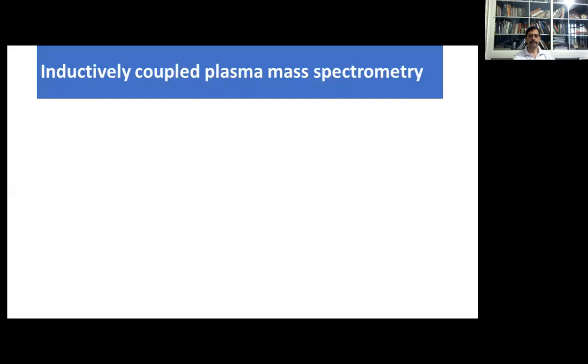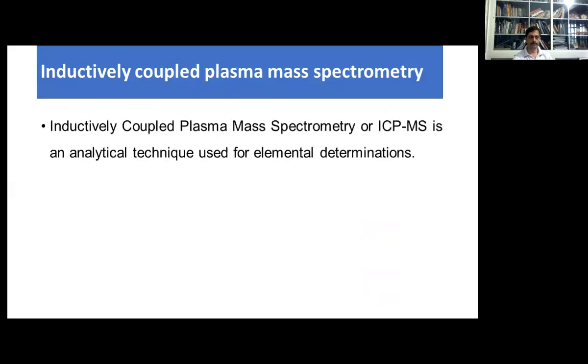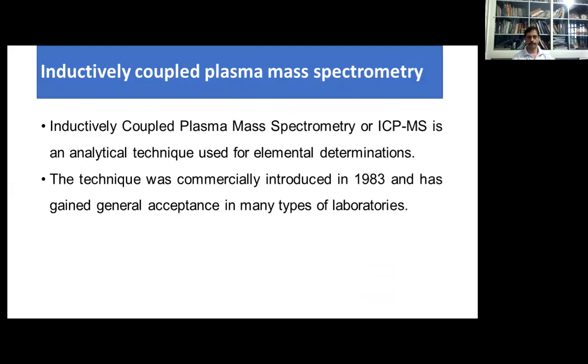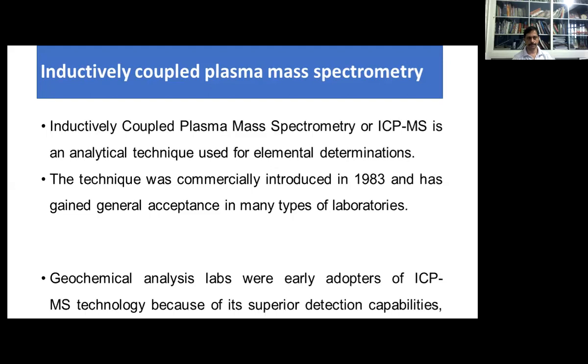So let us understand further about inductively coupled plasma mass spectrometry. So this is an analytical technique used for elemental determinations. The technique was commercially introduced in 1983, that's about 37 years ago, and has gained general acceptance in many types of laboratories.